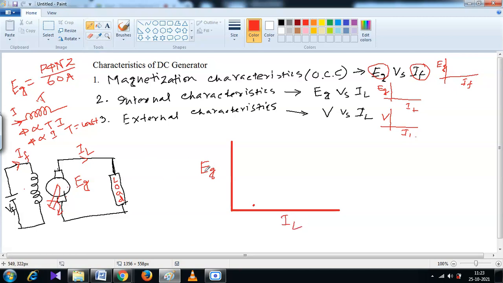What is EG? EG is the voltage in the armature, the voltage which is induced or produced on the armature.